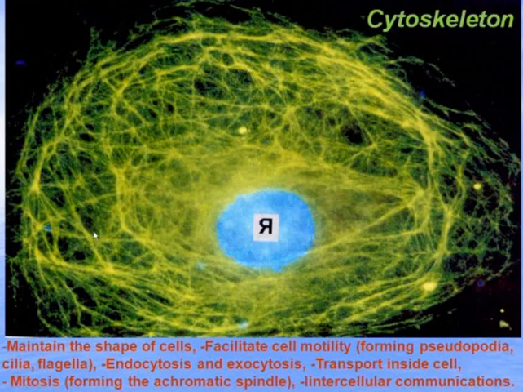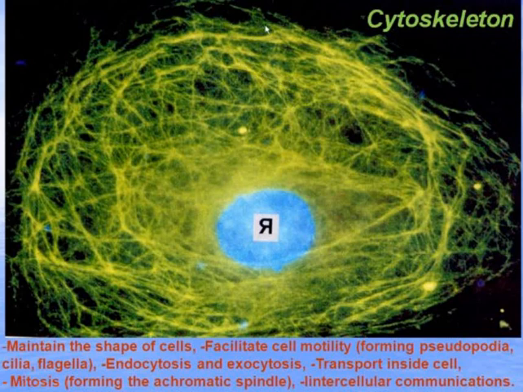This is a very nice picture of the cytoskeleton under a fluorescent microscope. This is a nucleus in the middle of the cells and numerous microtubules, the 3D network of microtubules in the cytoplasm. They maintain the shape of the cell and facilitate cell motility, forming pseudopodia, cilia, and flagella.